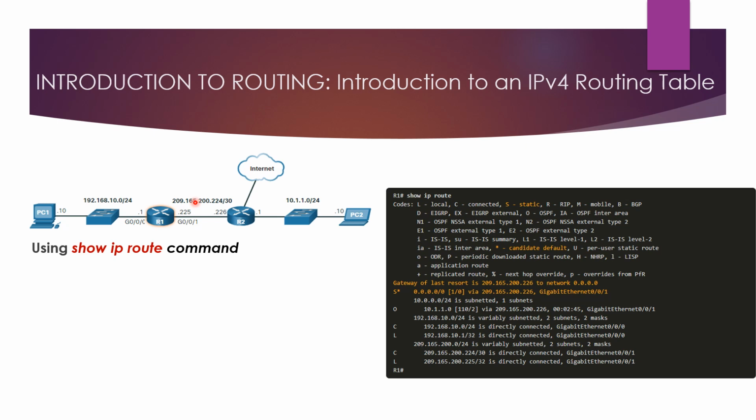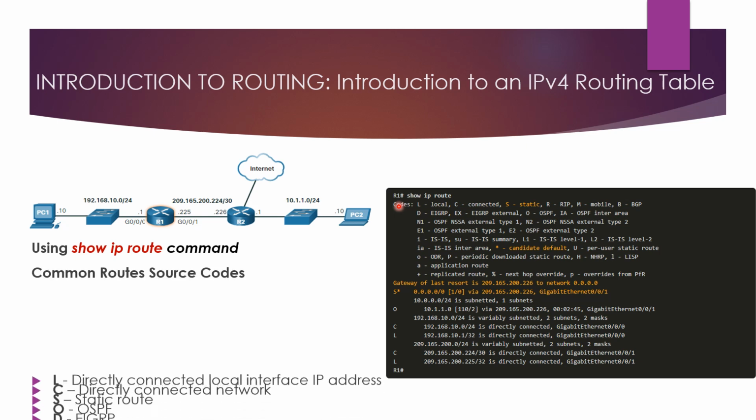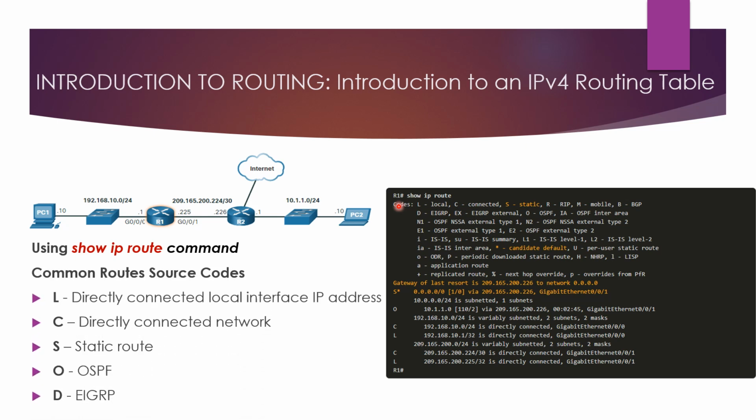If we use the command show ip route at the exec mode on the router, we will be able to see the routing table on a Cisco router. With this command, we will be able to see the IPv4 routing table, and here is listed the IPv4 routing table for router 1. The common route sources include these codes. L stands for directly connected local interface IP addresses.